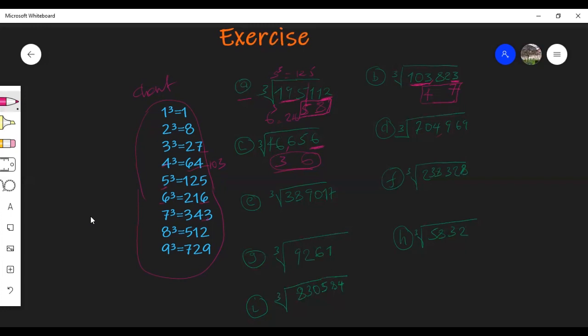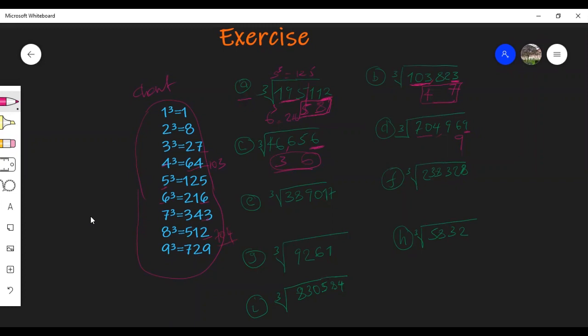Let's go to what is the cube root of 704,969. The same here, we are going to look at what number ends with 9. It's only 9, so 9 will remain here. And what number is there, if I cube it, that gives me 704? That lies between 512 and 729. 704 lies there.